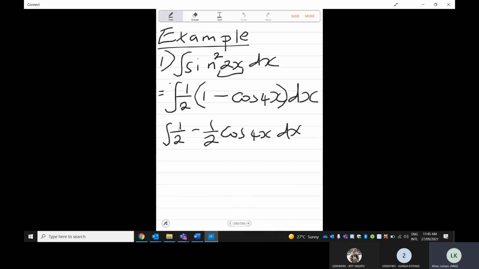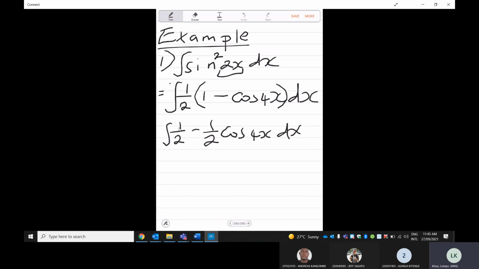Okay, so now we can integrate. What is the integral of half? The integral of half is not C. What is the integral of half?